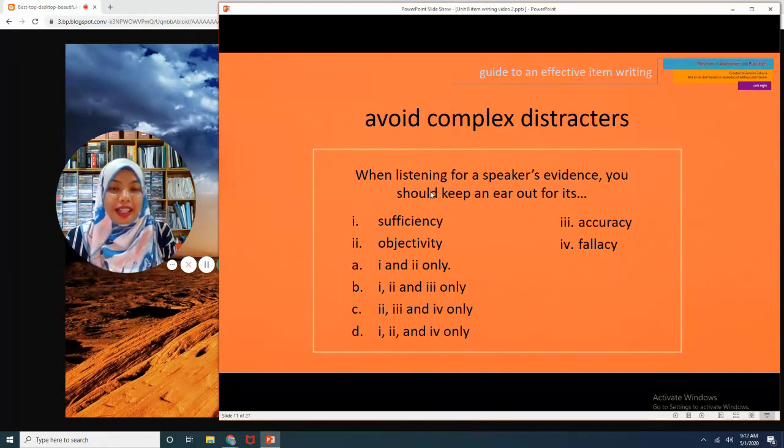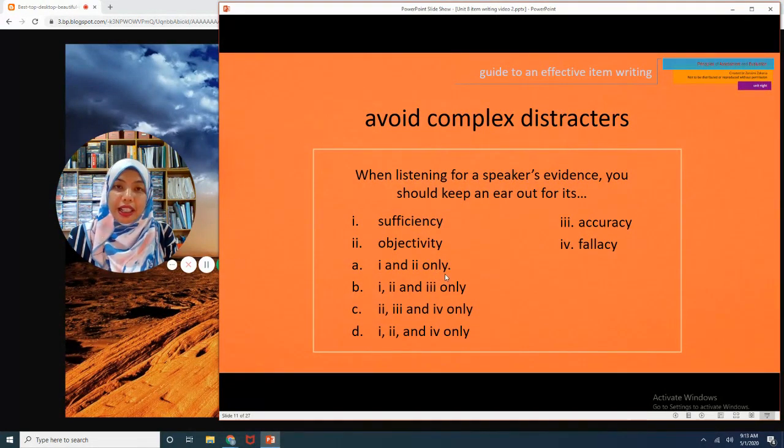All right, so let's look at this item again. When listening for a speaker's evidence, you should keep blah blah blah. So this is a stem, and following the stem are selections. Here we have 4 selections. Sometimes you might be presented up to 5 selections, and then only comes the options.